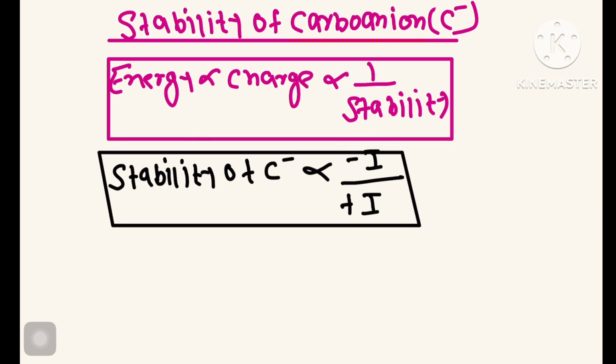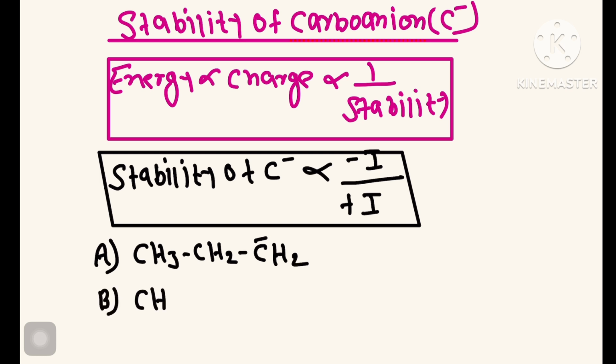So here if I write A, CH3, CH2 minus and B, CH3, CH, NO2, CH2 minus.